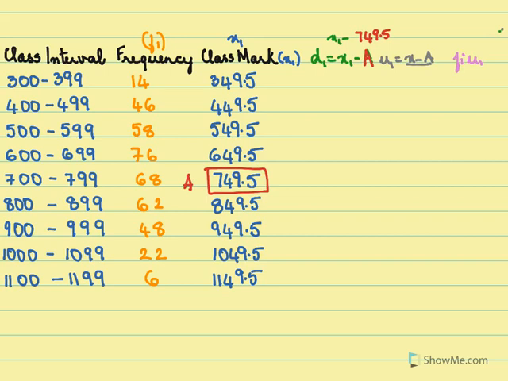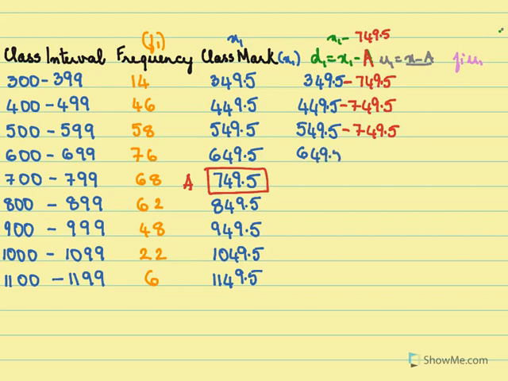So in the first case, we have 349.5, and we minus it from A, that is 749.5. Next we have 449.5, and we subtract 749.5, that is A. Then we have 549.5 minus 749.5. For the next reading, it is 649.5, and we subtract the A, which is 749.5.